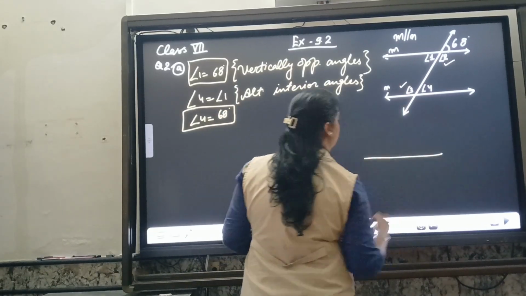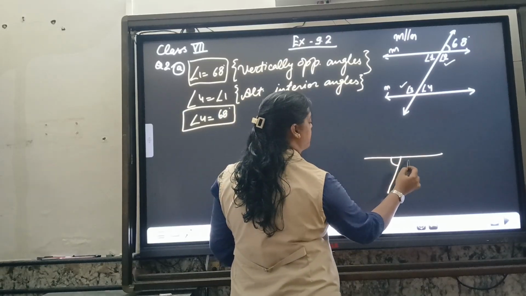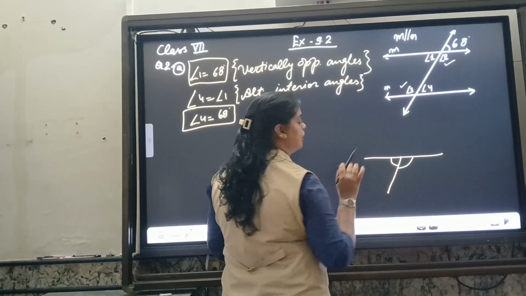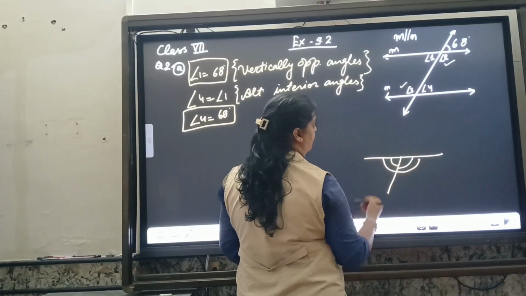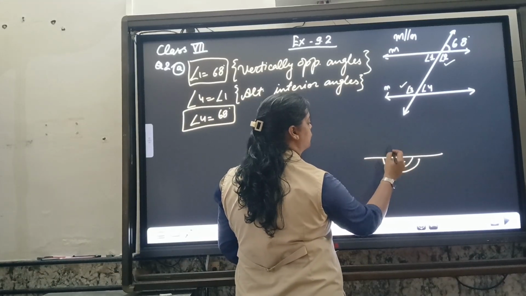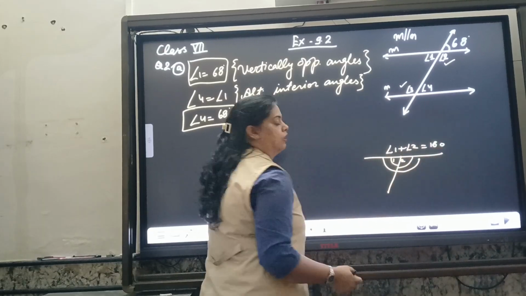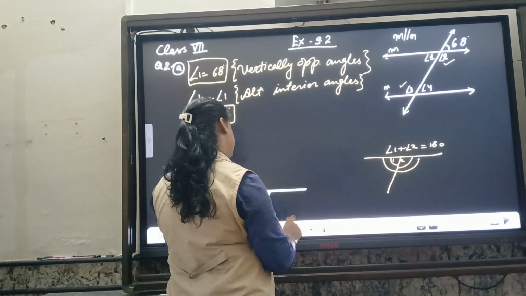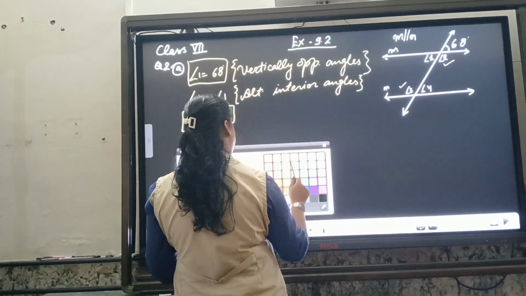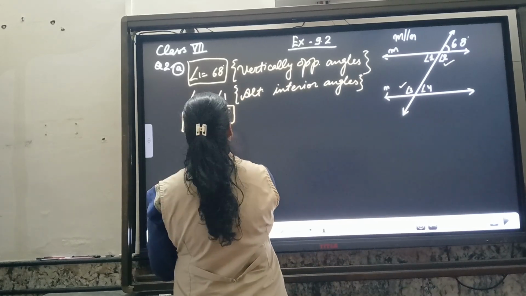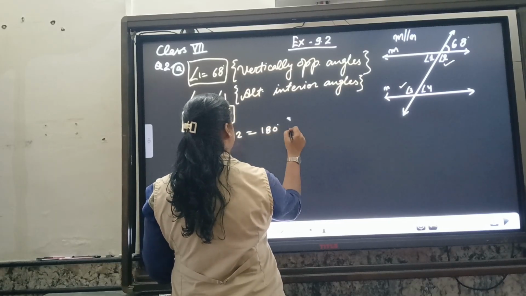When one line has one common arm, the angles formed by this common arm are known as a linear pair, whose sum will be 180. So if it is angle 1 and angle 2, we can write angle 1 plus angle 2 should be equal to 180, because they are a linear pair.